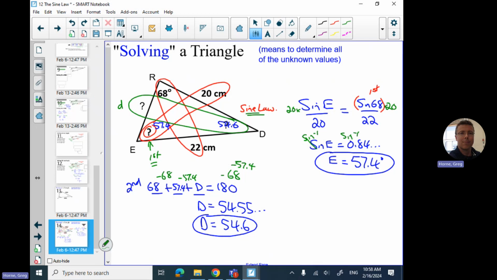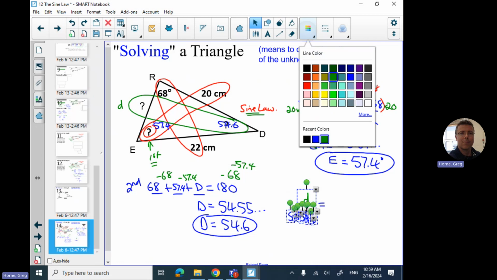That's what we've been doing so far here. So we're looking for D, and that's over the sine ratio, right? So you have D over sine of 54.6. I like color coding, so I'll change that.